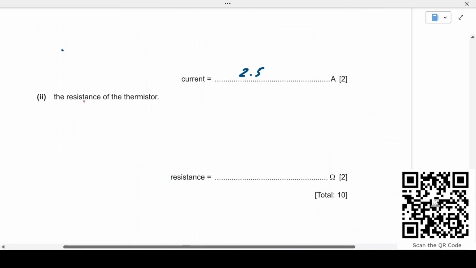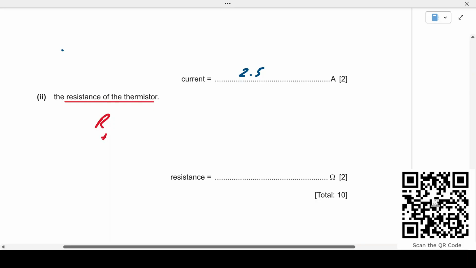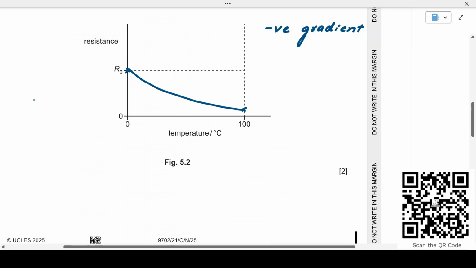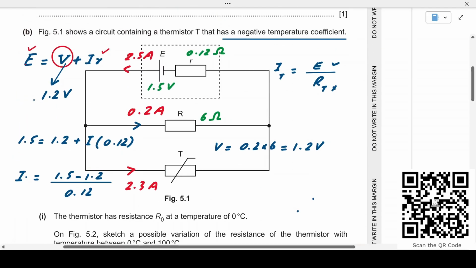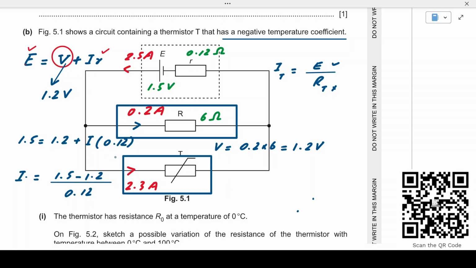In the next part, we are supposed to find the resistance of the thermistor. So the resistance of the thermistor is equal to the voltage across the thermistor divided by the current through the thermistor. Now, what is the voltage across the thermistor? It should be the same as the voltage over here. Why? Because the thermistor and the resistor are connected in parallel. So what was the voltage across this one? 1.2 volts.